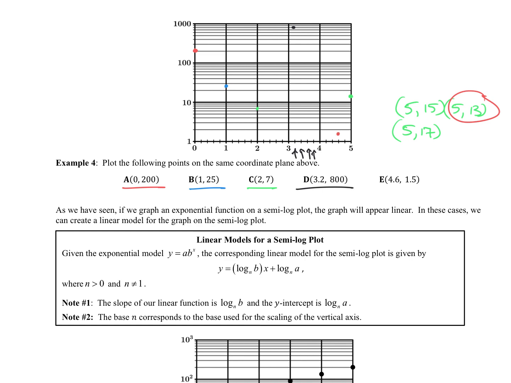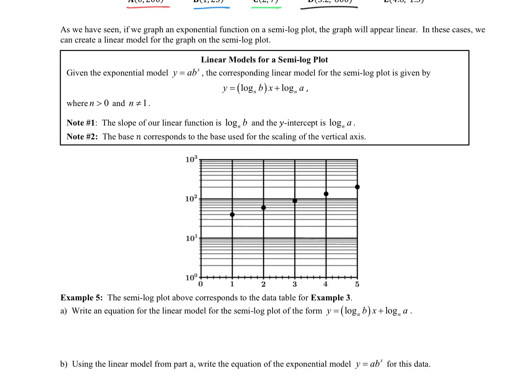As we have seen, if we graph an exponential function on a semi-log plot, the graph will appear linear. In these cases, we can create a linear model for the graph on the semi-log plot. Linear models for a semi-log plot.